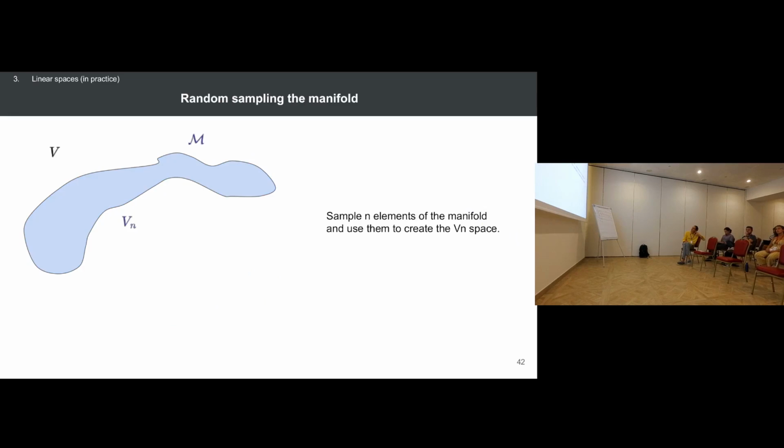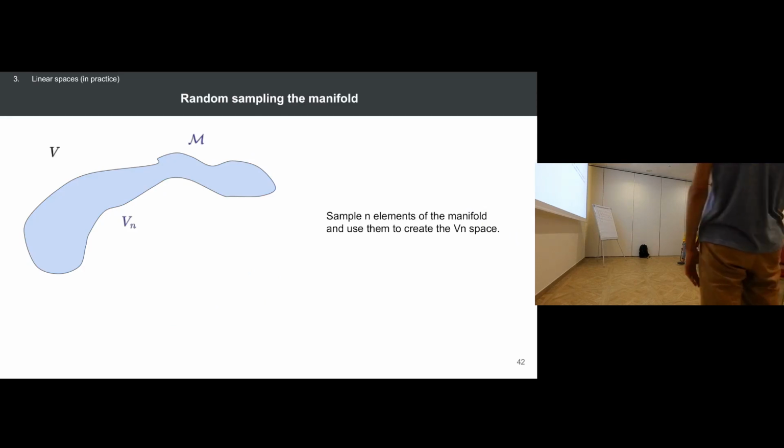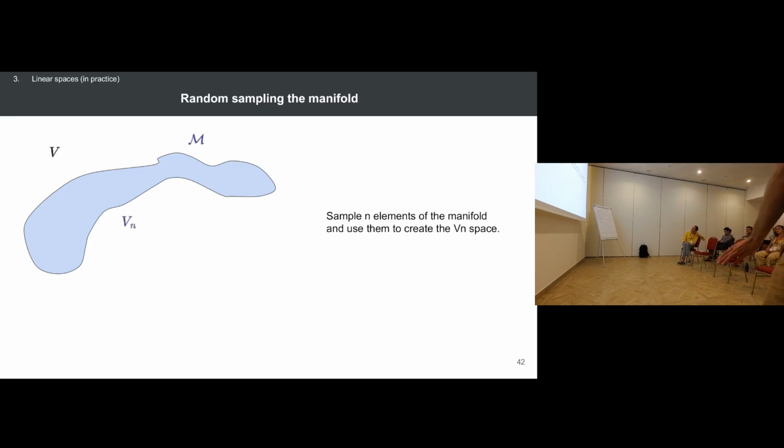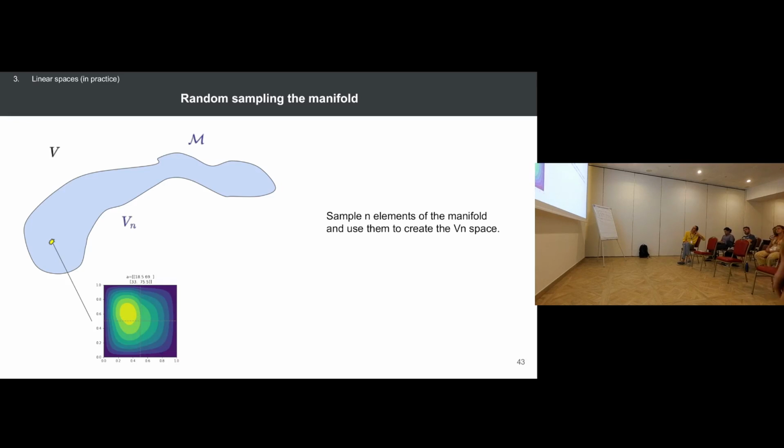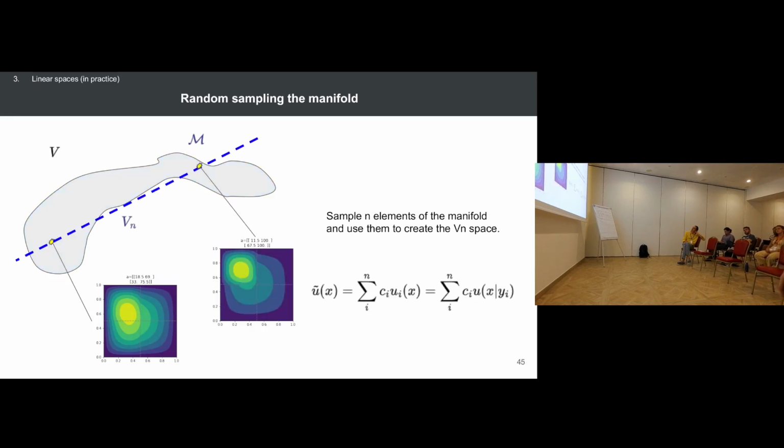So, first idea: random sampling the manifold. You randomly sample the manifold and build your linear space with the first n samples you get. So we sample once, we sample twice, and we just create our linear space out of it. Not much mystery about it.